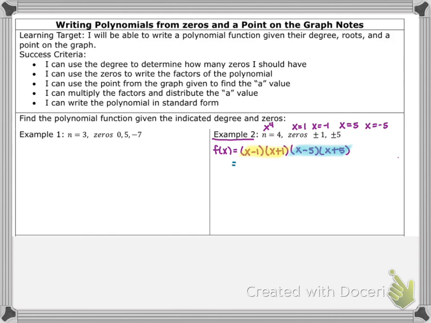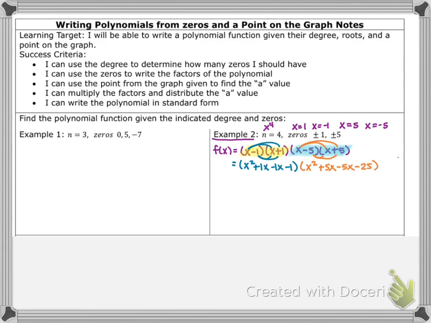So when you do that, you're going to get x times x, which is x squared, a positive 1x, negative 1x, and then a negative 1 in the end. Now let's do the back one. You have x times x, which is x squared, 5 times x, which is positive 5x. You have a negative 5x, and then a negative 25 in the end.